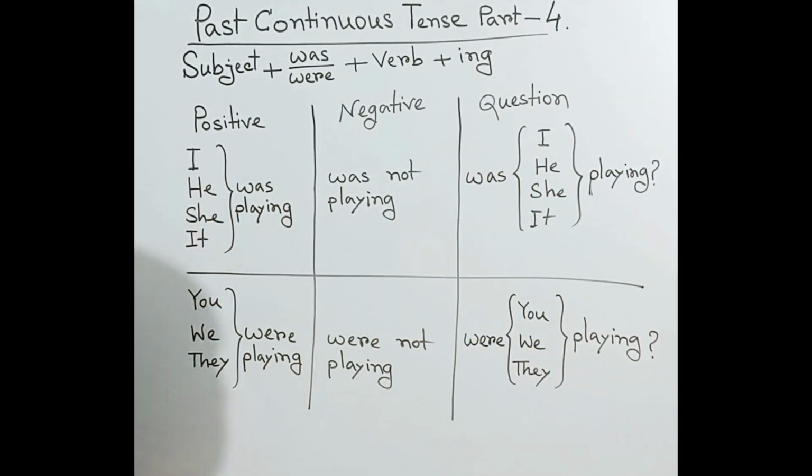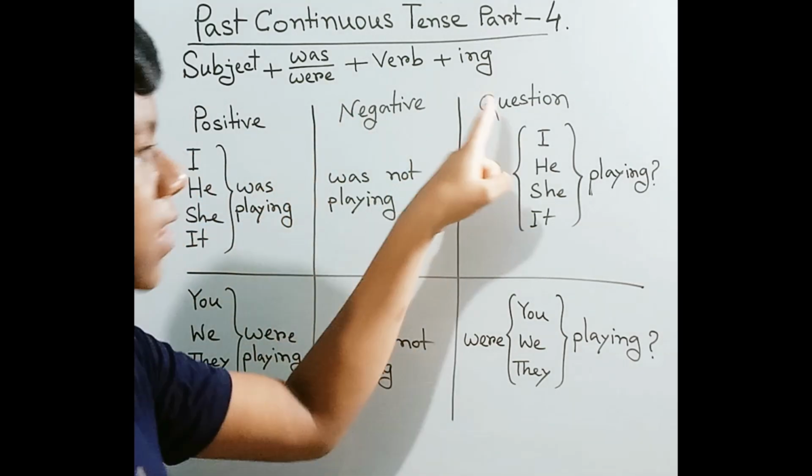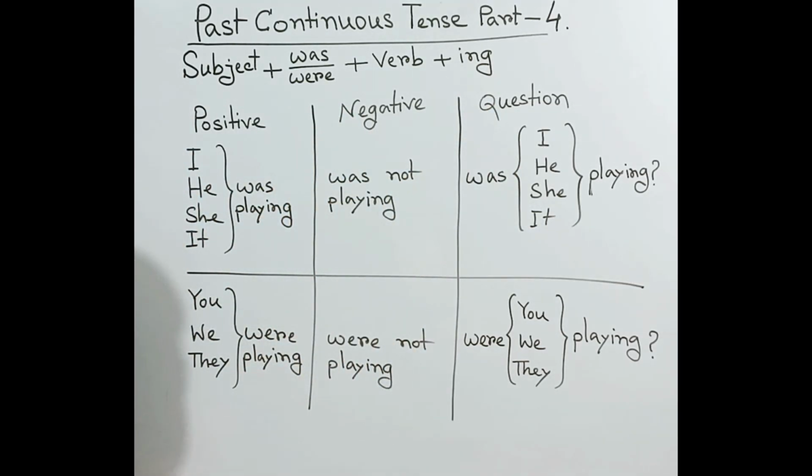First of all, I have divided this into 3 sections: first positive, then negative, then question. We generally divide into 3 sections because they are the major sections in all English tenses. So we can start from here.